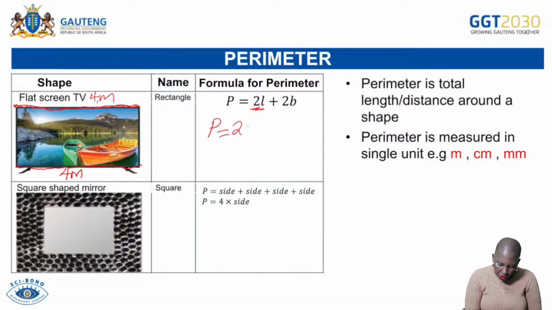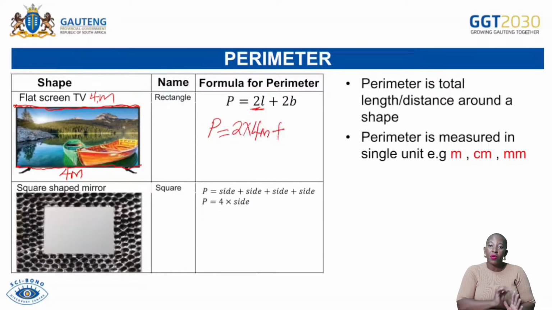So let's do an example. We'll say 2 times 4 meters, plus, because we are adding. Remember we said we just want to put a ribbon. And then the breadth. How wide is my TV? This will be my breadth. Say my breadth is 3 meters.